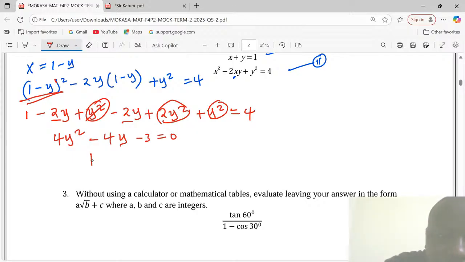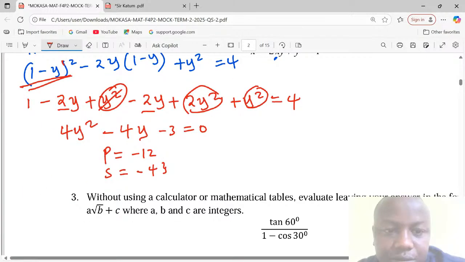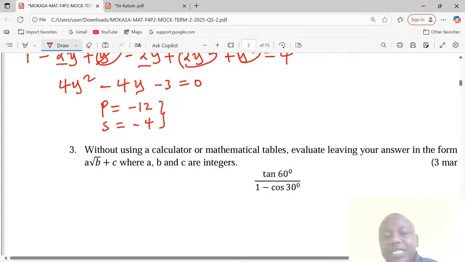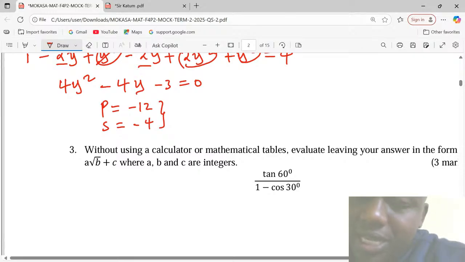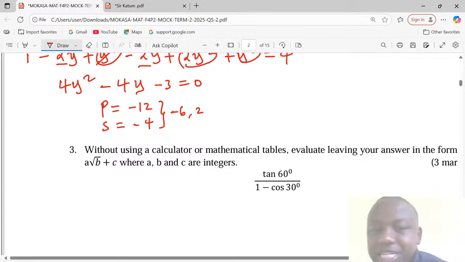So now we can talk about a product of negative 12 and a sum of negative 4. Therefore, at this point we pick the factors that multiply to negative 12 and add to negative 4.